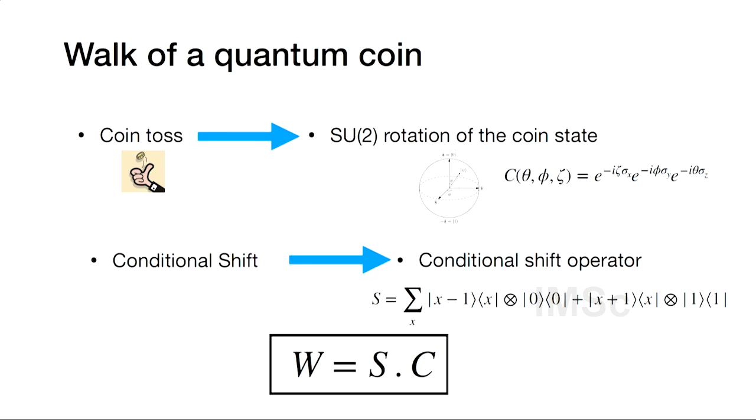And this shift operation is the one which is somehow entangling, or in some sense an interacting agent between the two degrees of freedom, right? And the walk operation as a whole is the consecutive action of a coin and a shift operation, right?